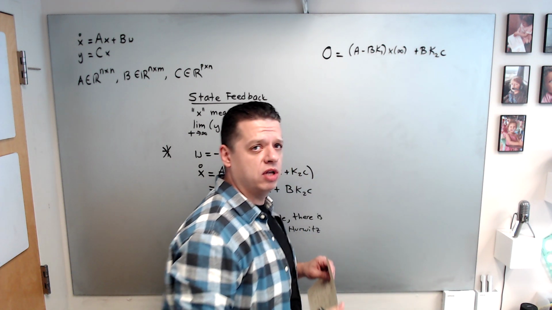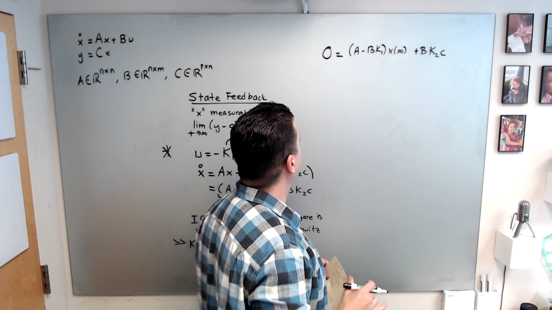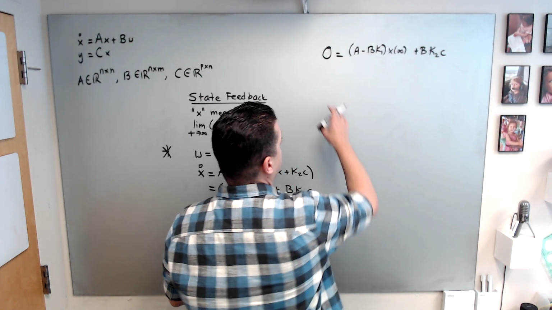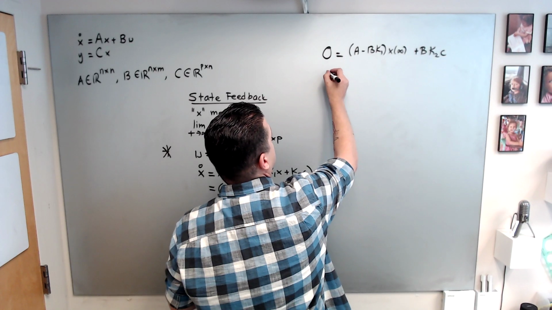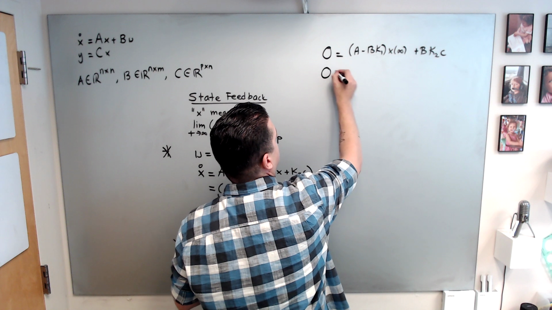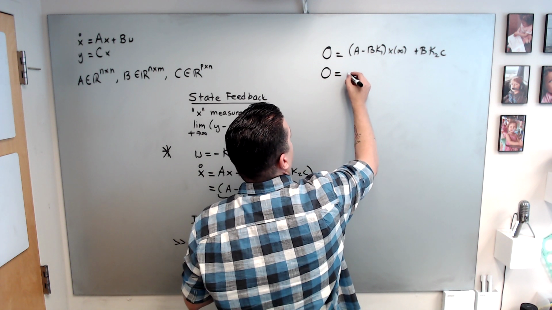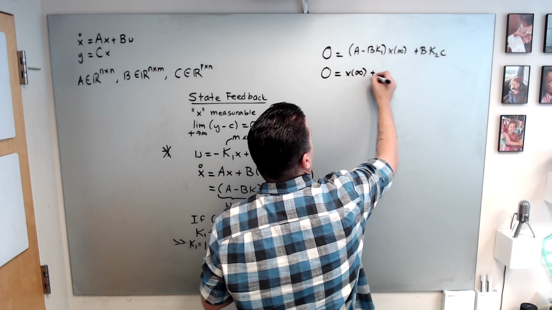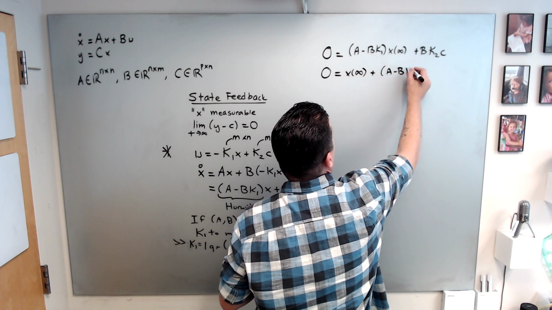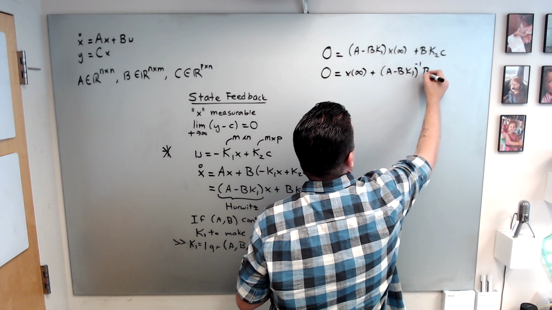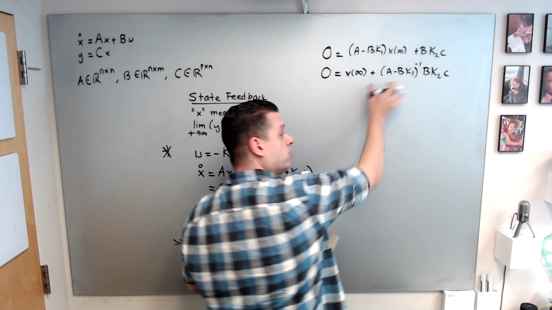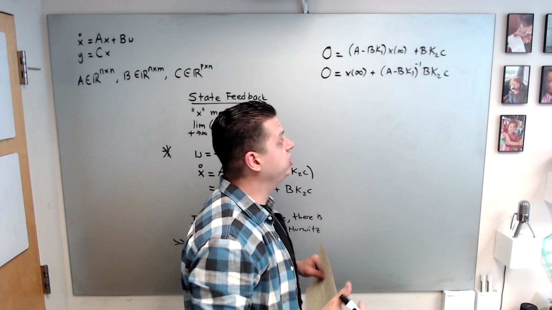I am now going to talk about the selection of K2. Now you can rewrite the same thing as 0 equals x infinity plus A minus BK1 inverse BK2c.